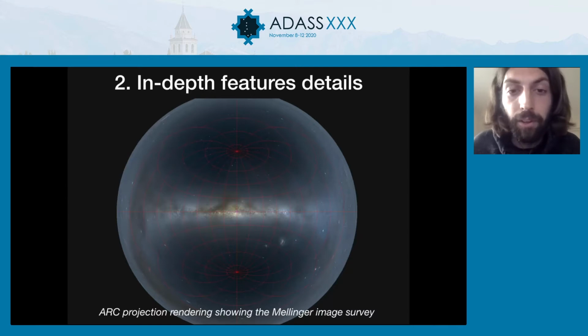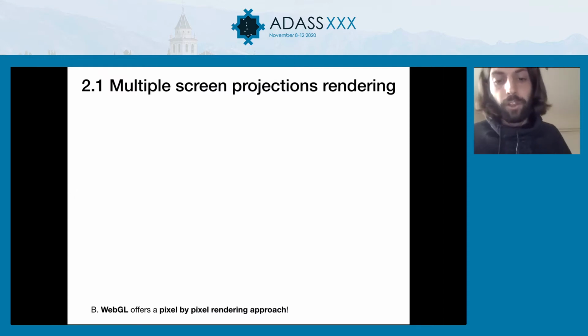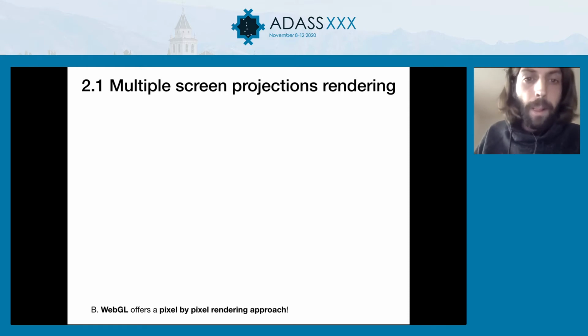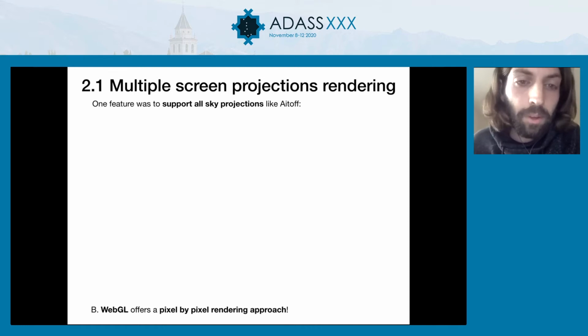the features that have been implemented. The first big feature is the support of multiple projections, and especially the whole sky projection. In the current version of Aladin Lite, it would have been very difficult to implement this because it renders tile by tile.